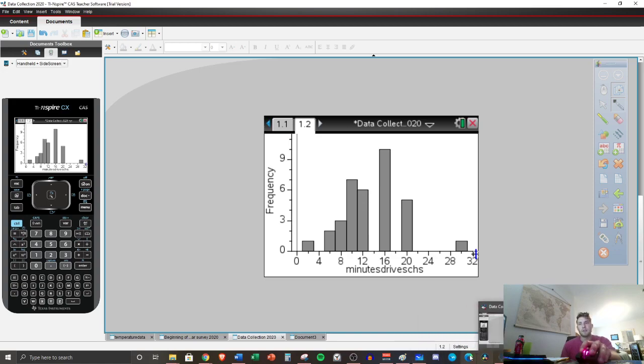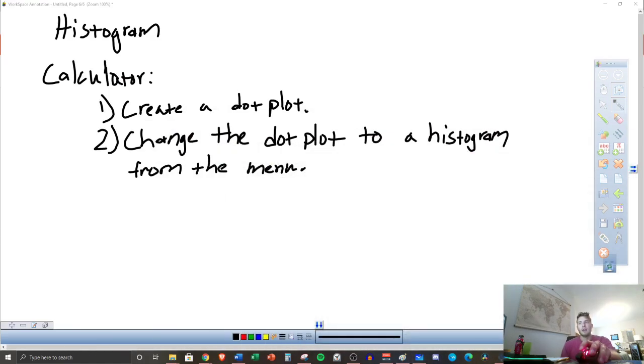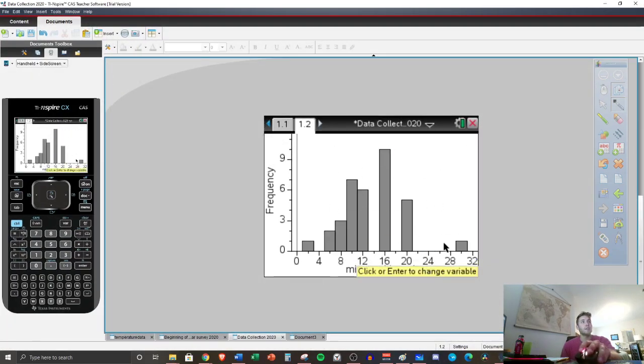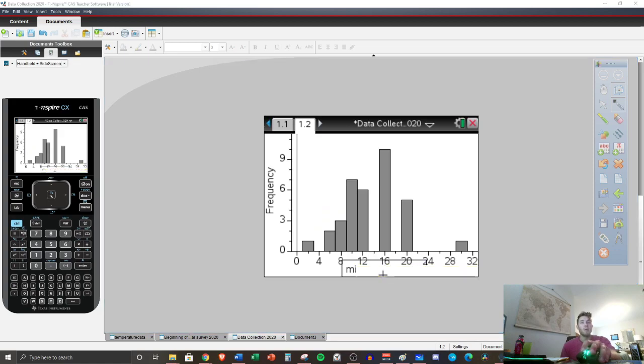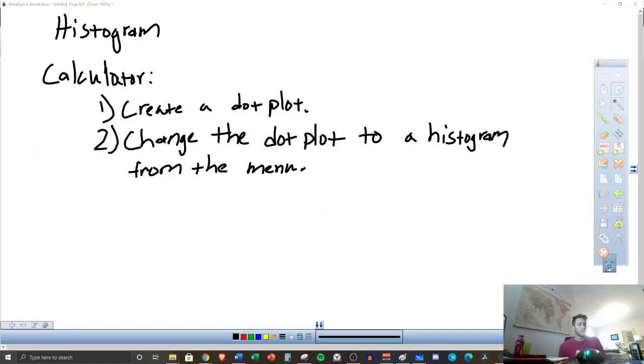We're going to adjust a few things on this because even though this calculator has made a bar graph that looks good, we want to adjust a few things. And the reason we're going over that is because I want you to make sure you have this right for the test.